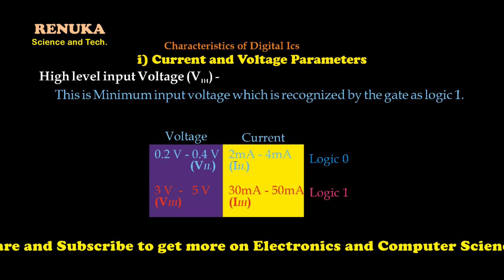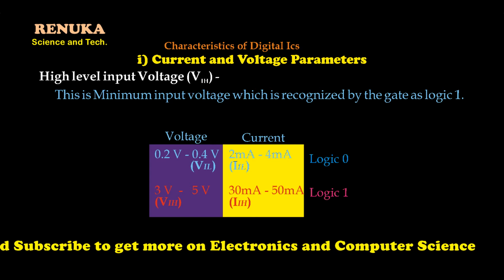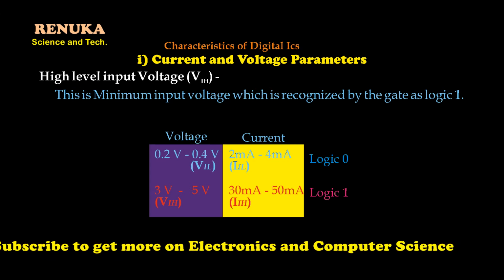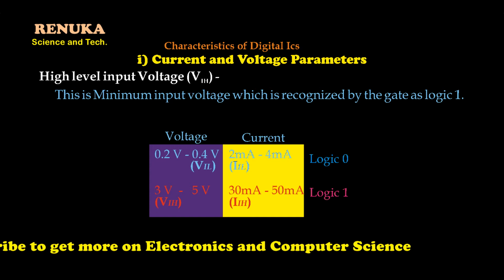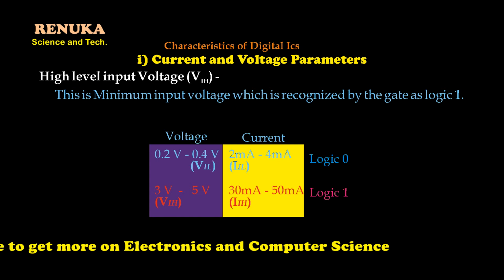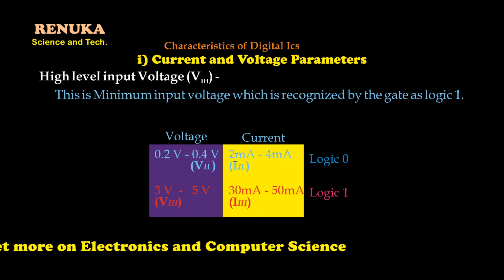Now back to the definitions of current and voltage parameter. The first voltage parameter is high level input voltage, that is VIH. In the diagram you can see logic 1 is represented by the voltage range 3 volt to 5 volt at the input side.